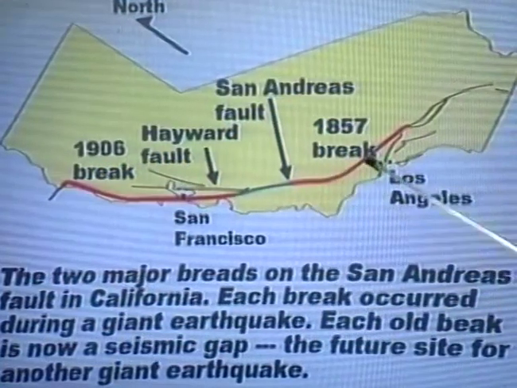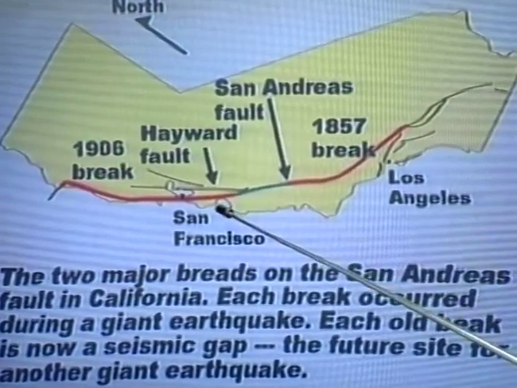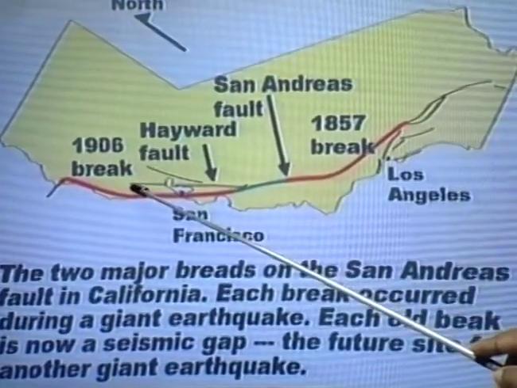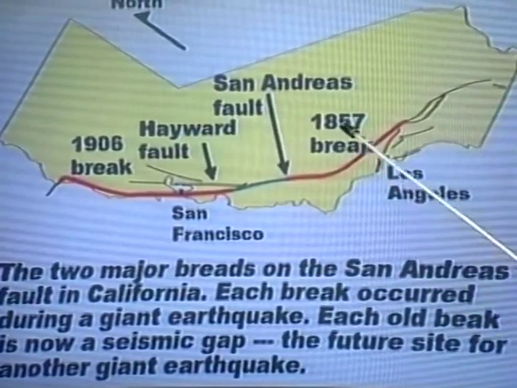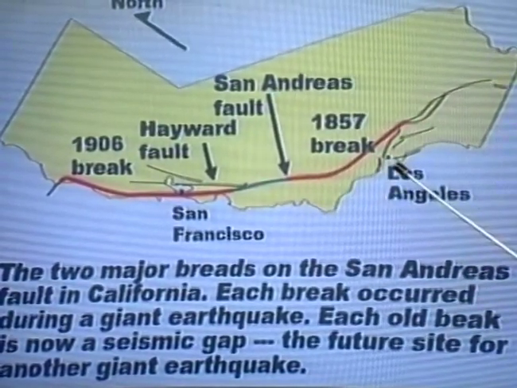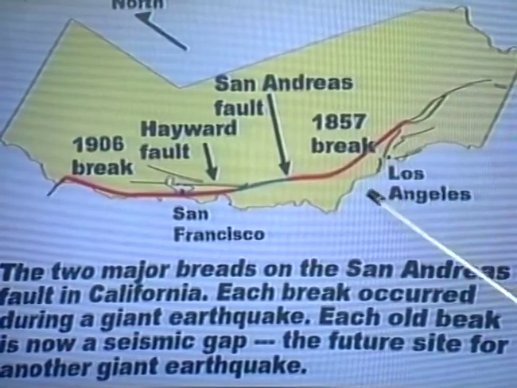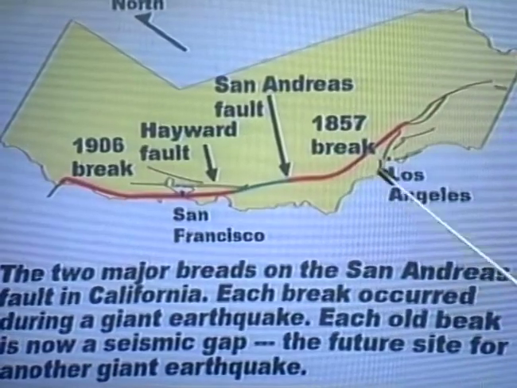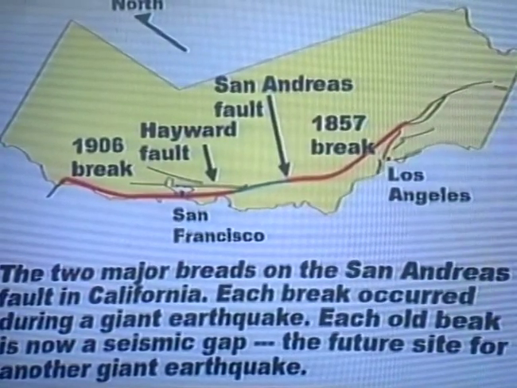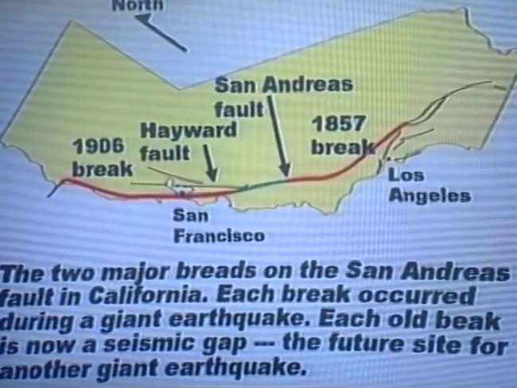One of those breaks was formed as a result of the 1906 earthquake, and the other as a result of the 1857 earthquake, two of the major earthquakes that shook this part of the world as a result of the movement of the plates in that region.